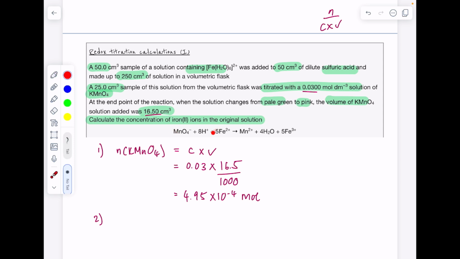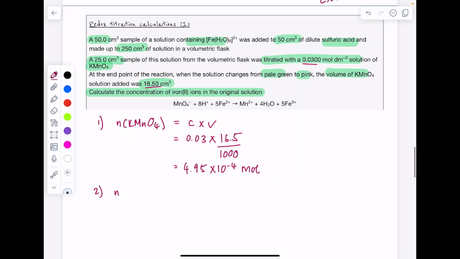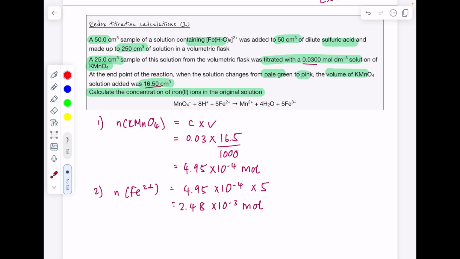So it's 1 to 5, so we need to multiply that number that we just calculated by 5. And then multiply it by 10 so that we know the number of moles present in 250 centimetres cubed of solution.